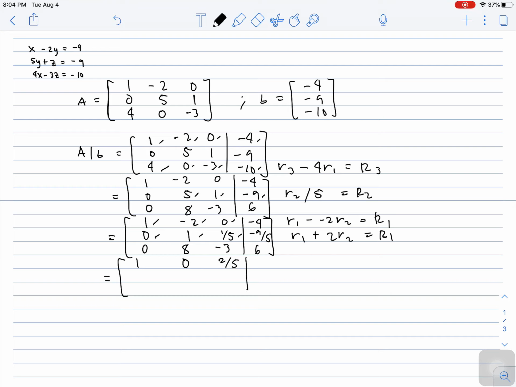Then negative 4 plus 2 multiplied by negative 9/5 is negative 38/5. Okay, so copy the unchanged row.